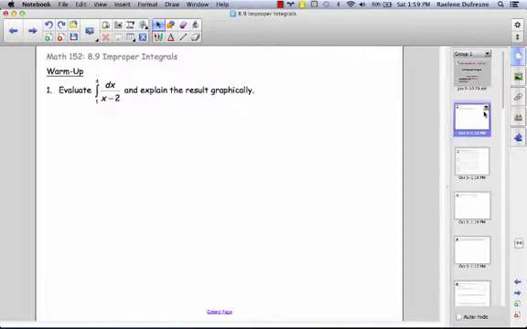Let's begin. As a warm-up, we're going to evaluate the definite integral from 1 to 4 of dx over x minus 2 and explain the result graphically.